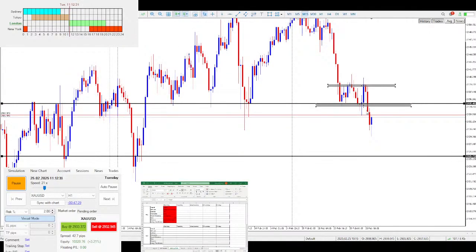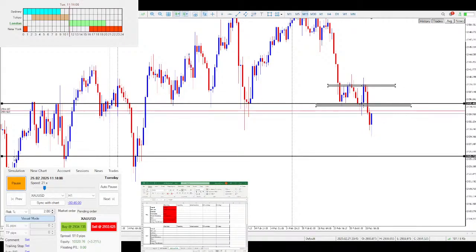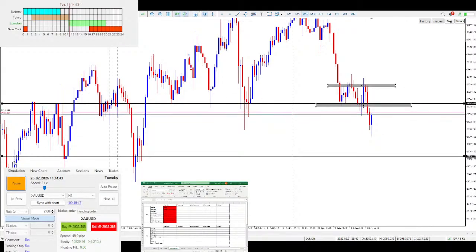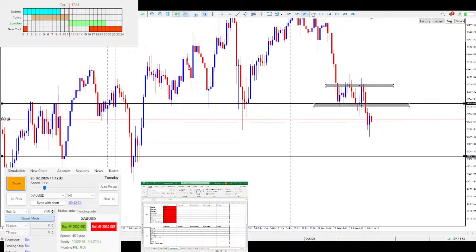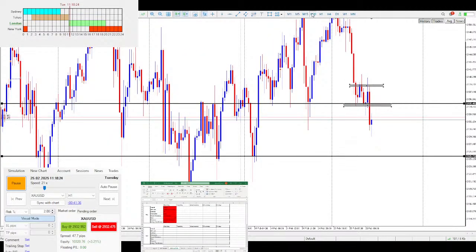The stop loss could have been too big. That's why I didn't consider taking the sales. I'll wait for this M30 time frame to close.